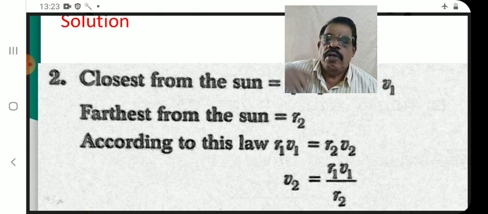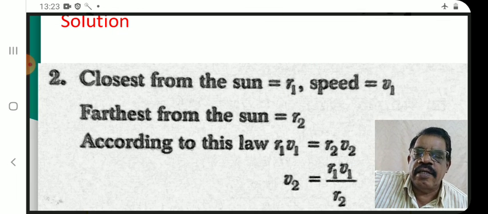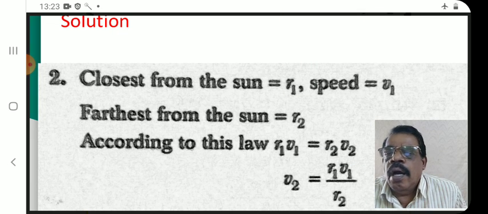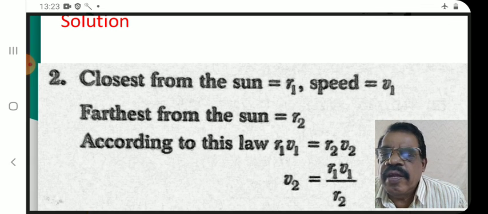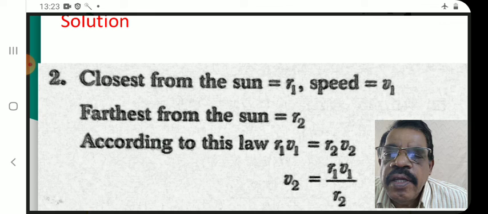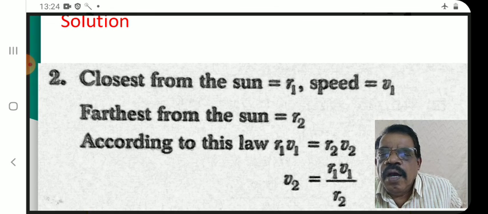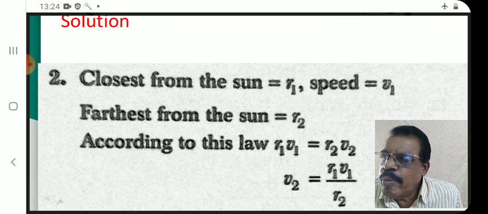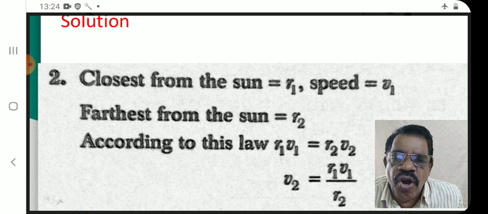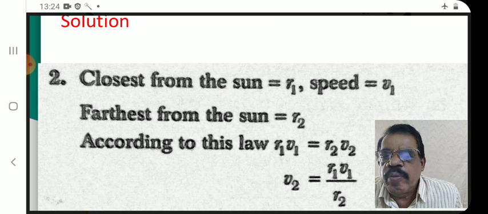That is the answer. What is written here: closest to the sun, the distance is r1, speed v1. Farthest from the sun, the distance is r2, and we have to find v2. The principle applied is the principle of conservation of angular momentum.